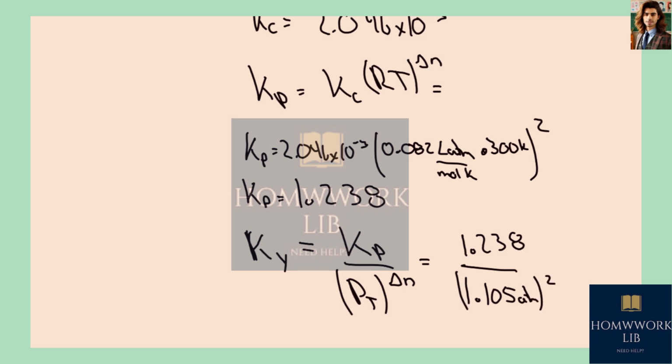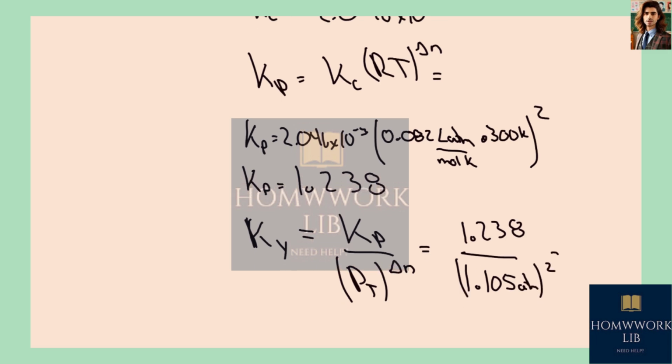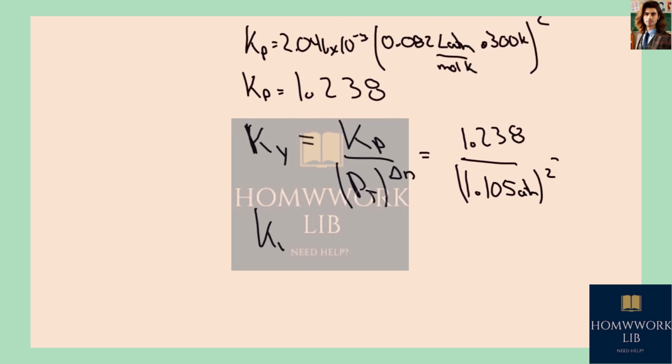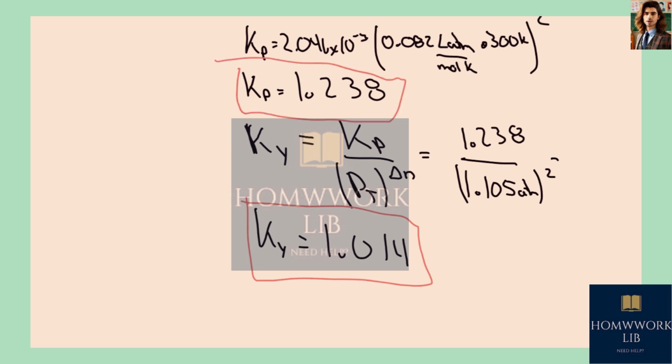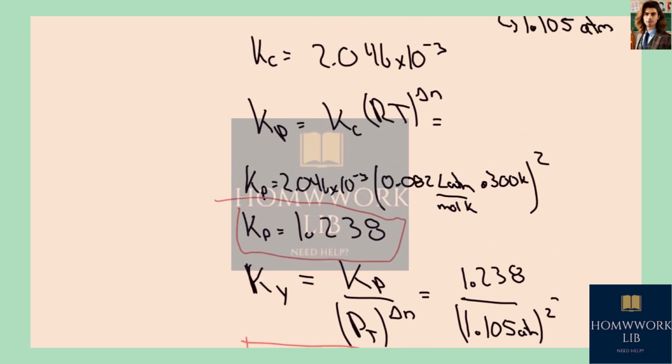And this is going to be squared. And the result for Ky thus is equal to 1.014. And these are the three values that we need to take as the end of the problem: Ky, Kp, and Kc. There we go.